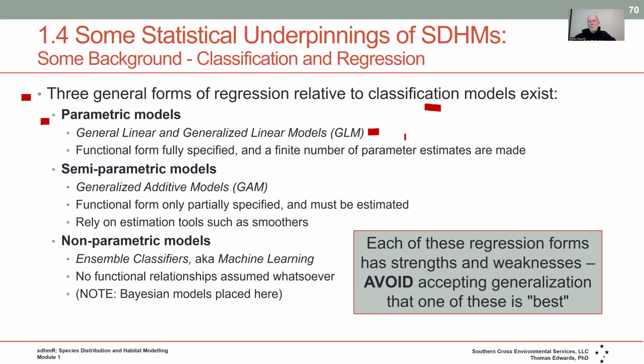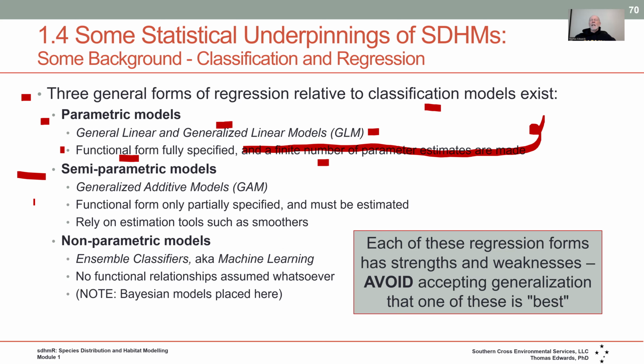You all have been exposed to a general linear model as well as something called a generalized linear model. These are the models where that functional form is specified. There are different distributions. The point is that there's a functional form.